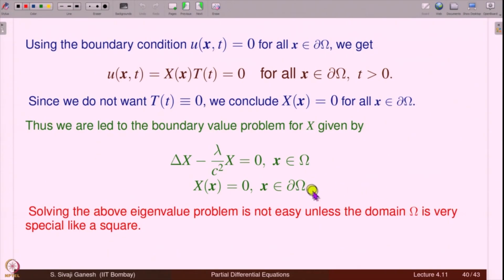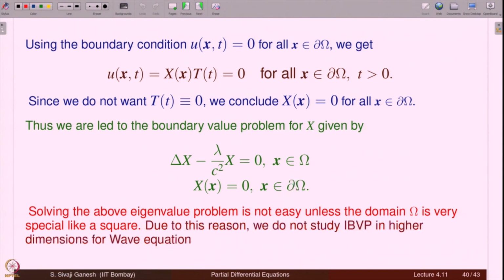Imagine omega is a square, once again we apply the separation of variables method and reduce that to 2 ODEs. So, it can be done, but we are not going to discuss how to solve such problems in this course. I just wanted to show how the separation of variables method looks in higher dimensions.